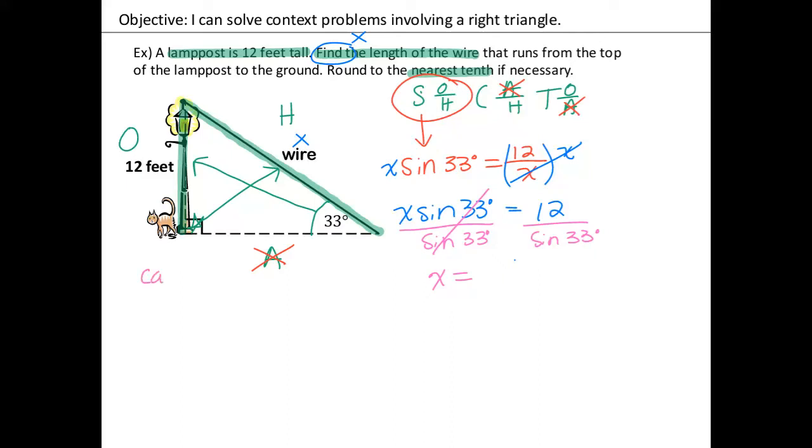So on the calculator, 12 divided by sine of 33, close parenthesis, press equal.